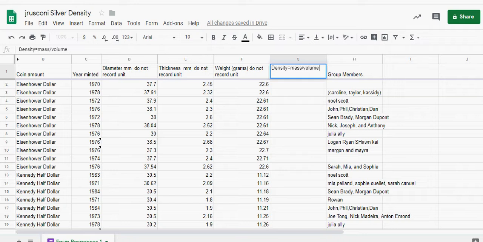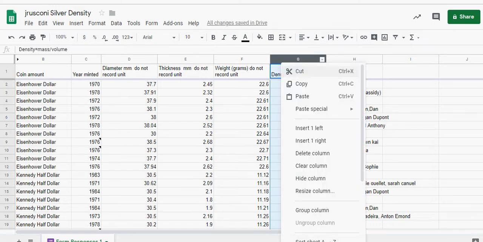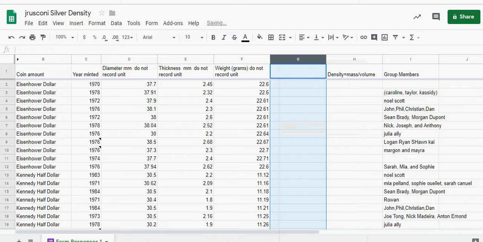And we also need to calculate the volume. So I'm going to actually put another column here where we're going to calculate volume. Insert another one. And how do we calculate volume? Volume is the area of a circle, this is a cylinder. So it's the area of a circle, which is pi r squared, 3.14, which is close enough for us, because that's the level of accuracy we have.